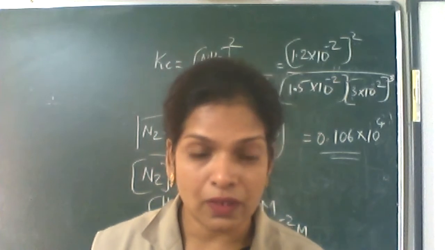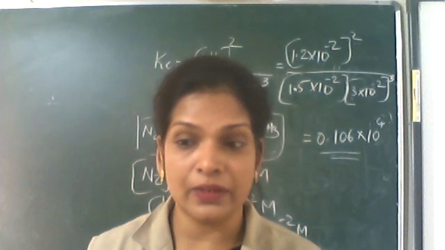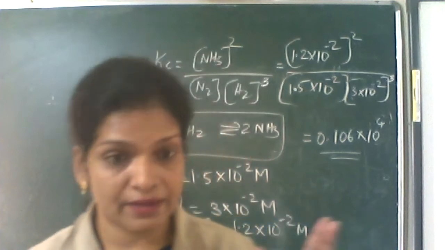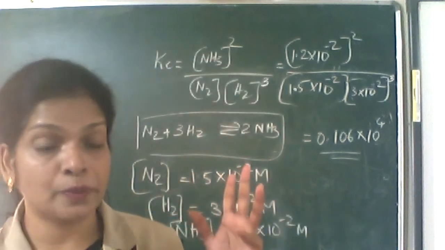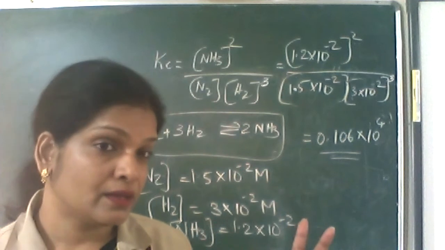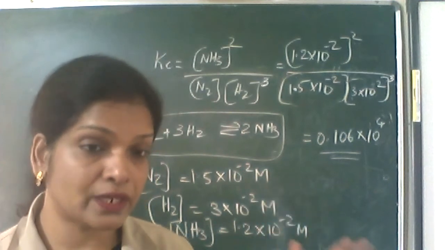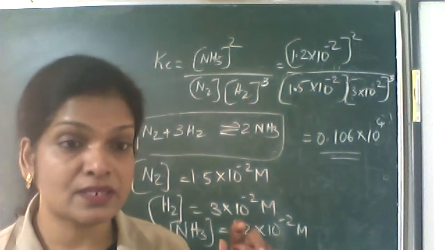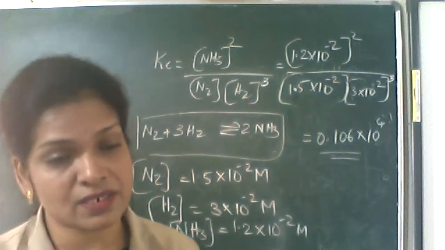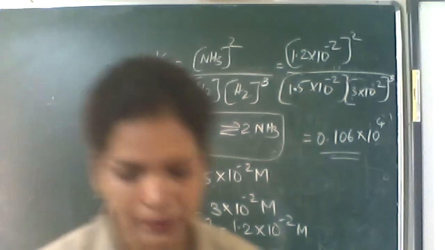So we are always looking for a reaction whose Kc value is very high, meaning the amount of product should be very high. Is it advantageous to conduct a reaction? First check the Kc value. Kc values of different reactions are given at a particular temperature.